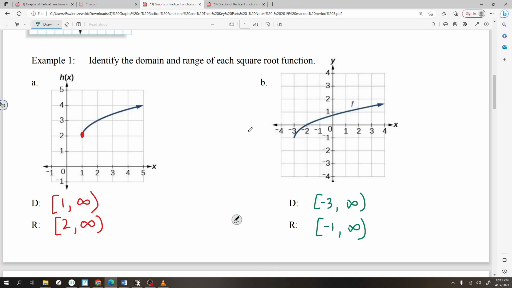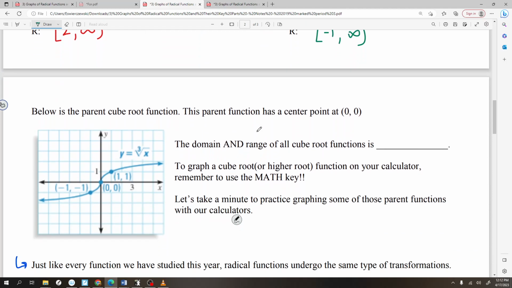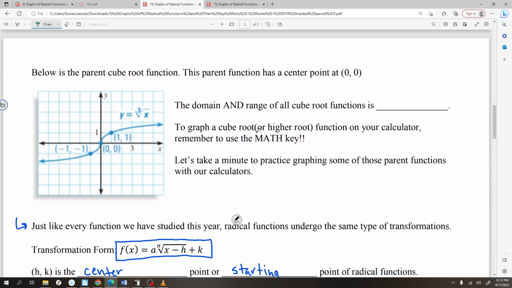Okay, let's scroll down or flip over to page 2. All right. So it says below is the parent cube root function. This parent function has, now we call it a center point instead of a starting point.